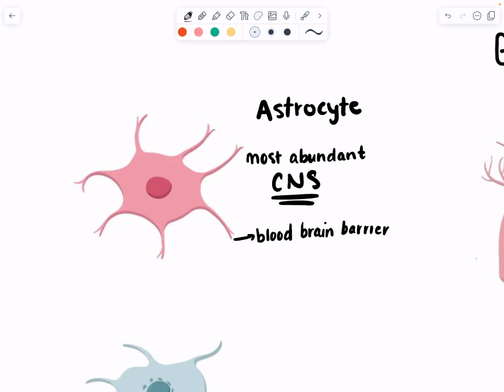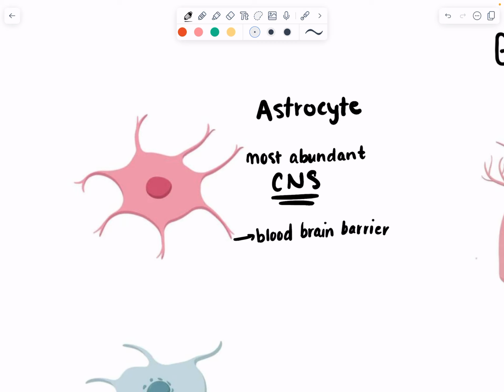You'll learn more about that in lecture. That blood-brain barrier is what prohibits certain sized molecules and pathogens from entering into the brain via the blood, because that's how things would get into the brain most of the time, through the blood.